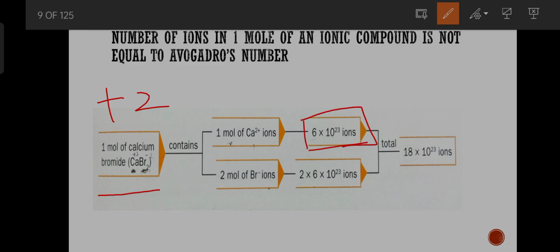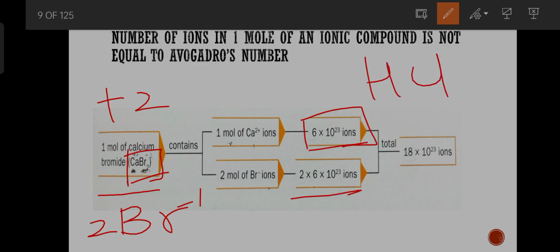So in case of calcium bromide, as you can see here, the charge on calcium is +2. So it means 1 mole of calcium ion is equal to this one. For bromine, how many atoms of bromine are there? 2. -1 charge and 2 atoms of bromine.